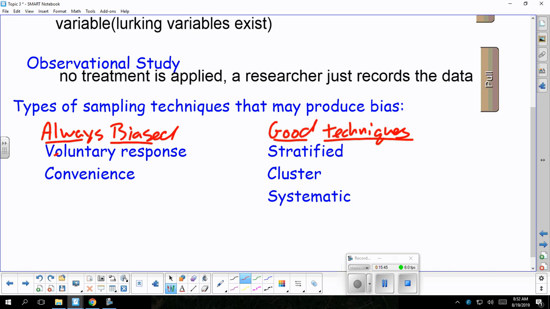And then systematic sampling. Systematic sampling is an excellent way to do a sample if I do not have what's called a sampling frame. A sampling frame is a list of every single observational unit in our population. Is that hard to get sometimes?